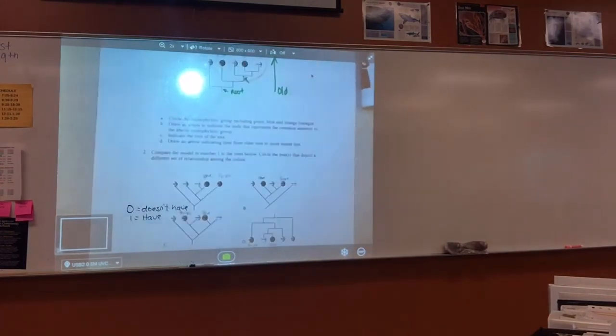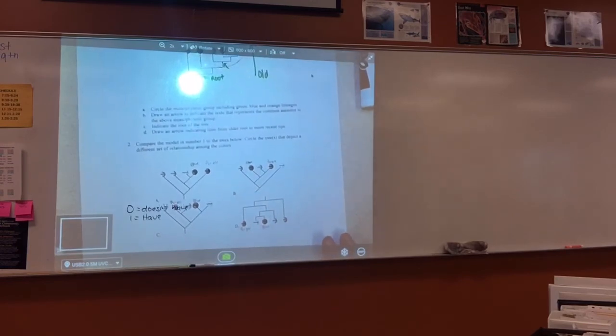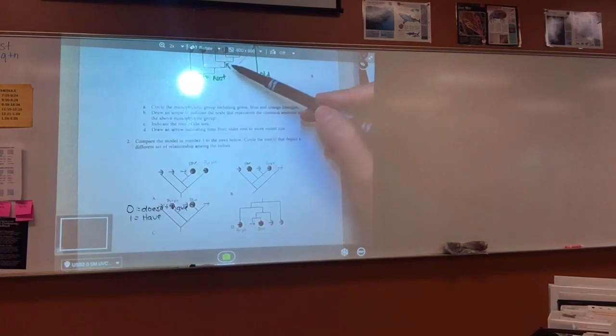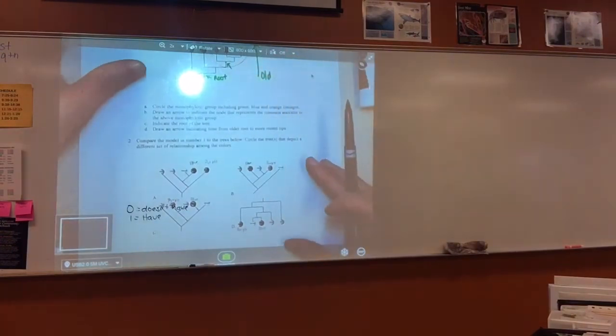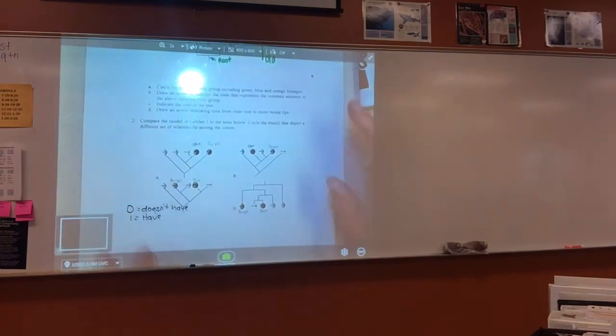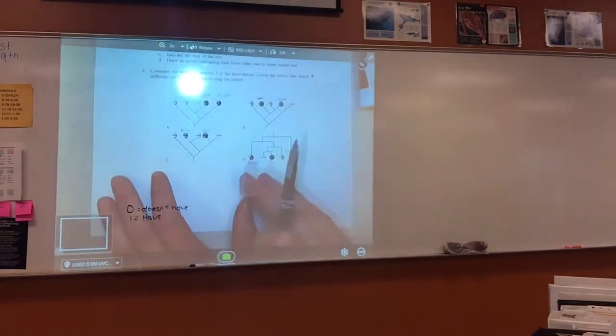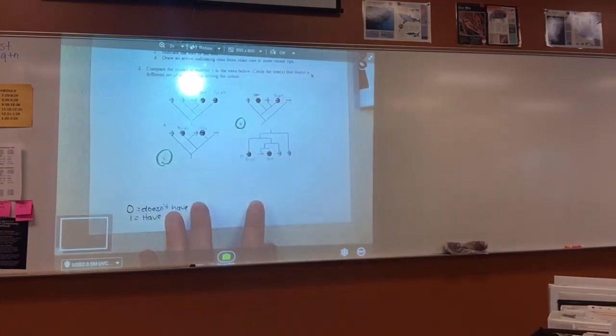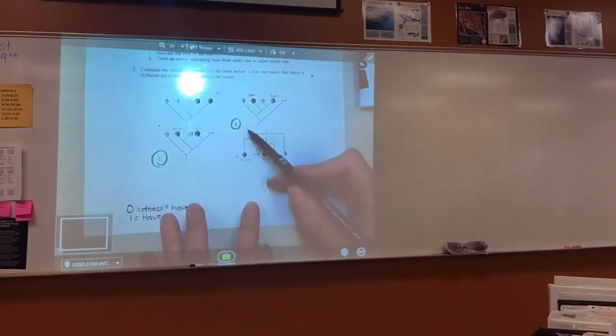All right, then number 2 asks you to compare these 4 to the one up here and circle the ones that show a different set of relationships among the colors. And so in this particular case, there's 2 that you should have circled here. We should have B and C circled here. So let's talk about why that is.